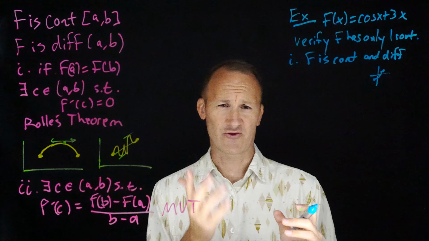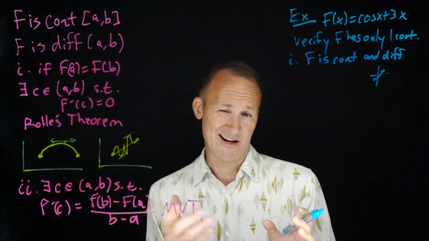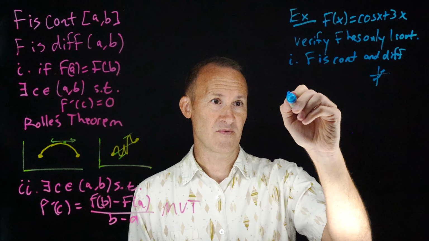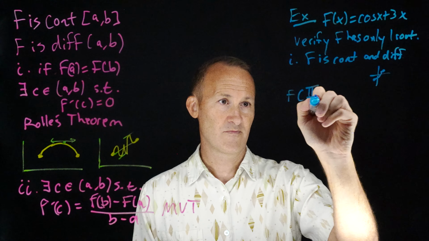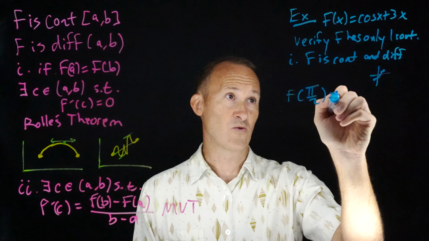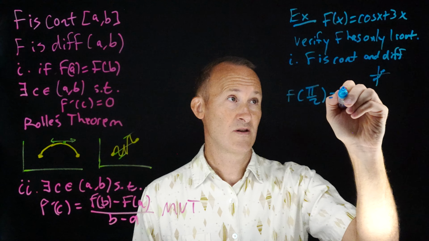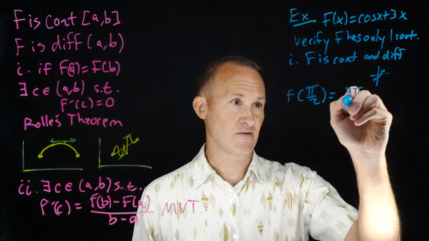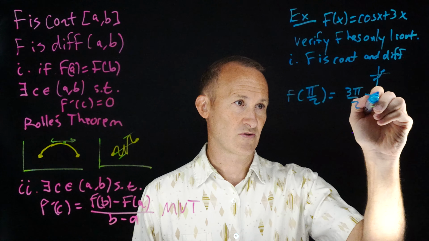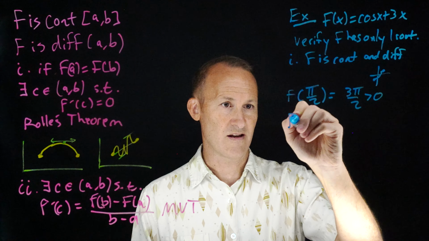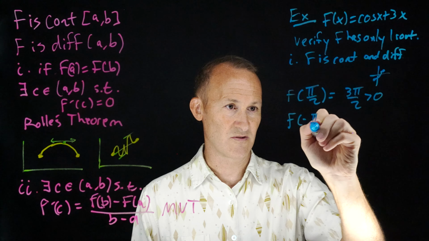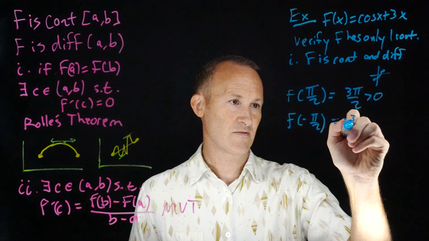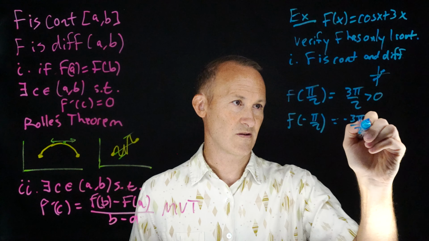When you're dealing with trig functions, it can be nice to make them go to 0. So note that f of pi over 2 equals cosine of pi over 2, which is 0, plus 3 pi over 2, which is greater than 0, and f of negative pi over 2, similarly, because the cosine of negative pi over 2 is 0, gives us negative 3 pi over 2, which is less than 0.